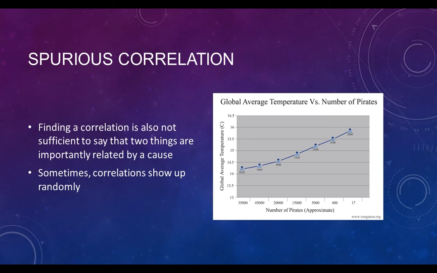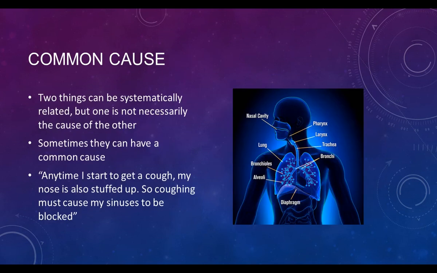So are the two causally related? No, not that I know of. There might be some complex third cause underwriting both, like global industrialization. But just because these two things are correlated certainly does not mean that there's a cause. And common cause: two things can be systematically related, but one is not necessarily the cause of the other.